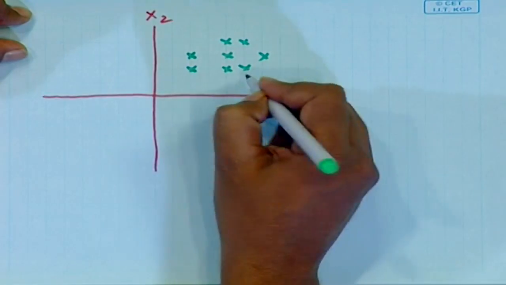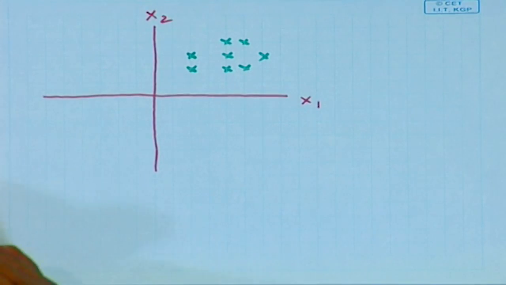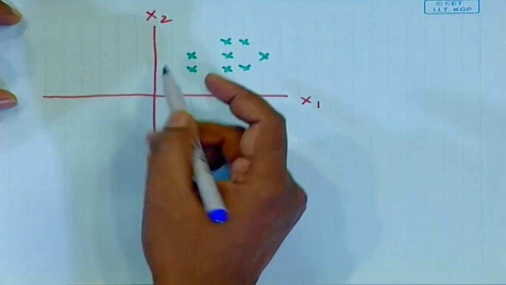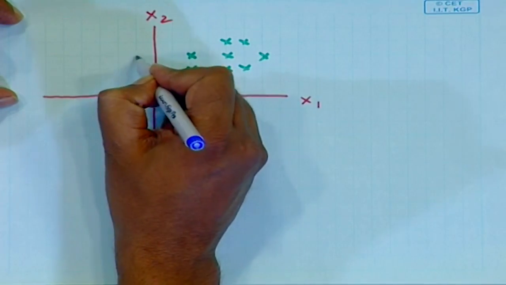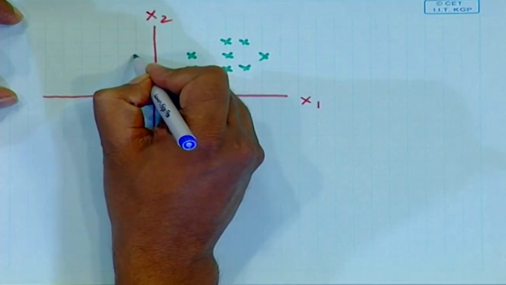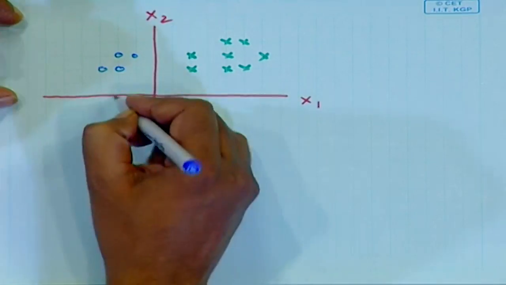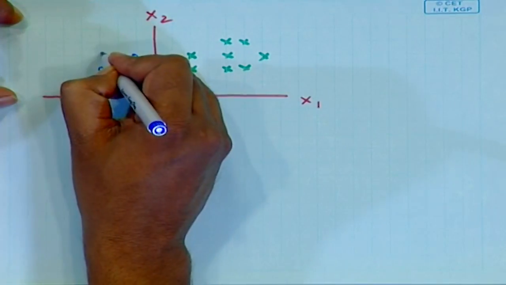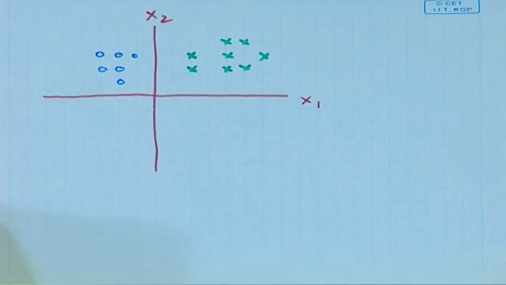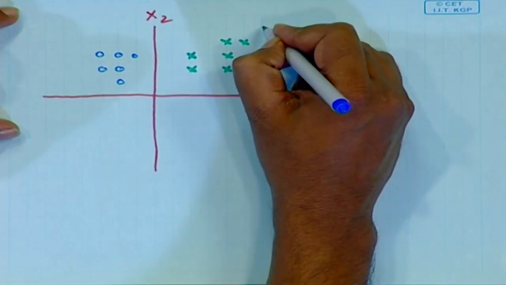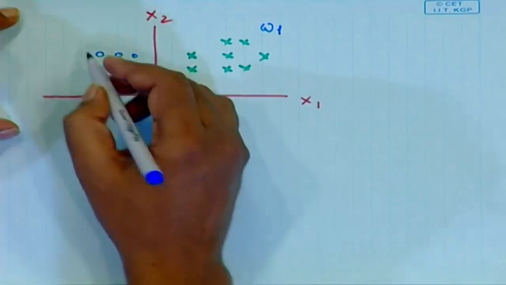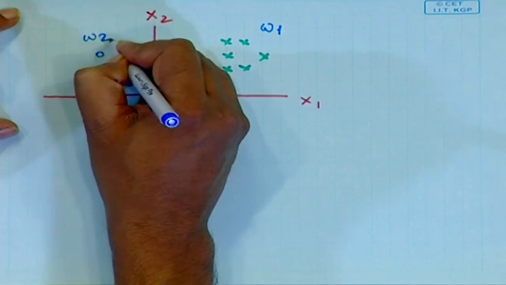And suppose these are the samples which belong to class omega 2. So, these are from class omega 1 and these are from omega 2.